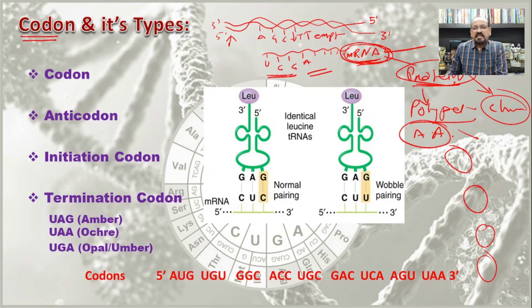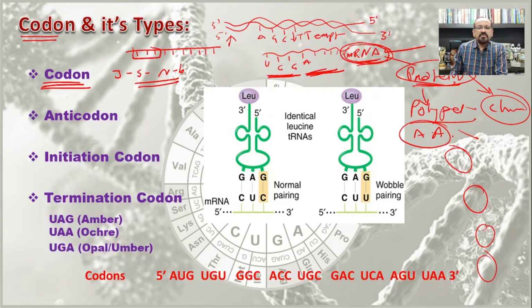So if you see this sequence of the nitrogen bases on the mRNA, then we can see the definition of the codon. The sequence of 3 successive nitrogen bases present on the mRNA is known as the codon. Say for example, if this is the mRNA and these are the different nitrogen bases, then the sequence of 3 successive nitrogen bases will be one codon.